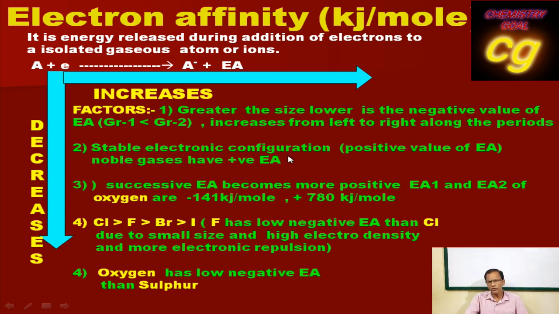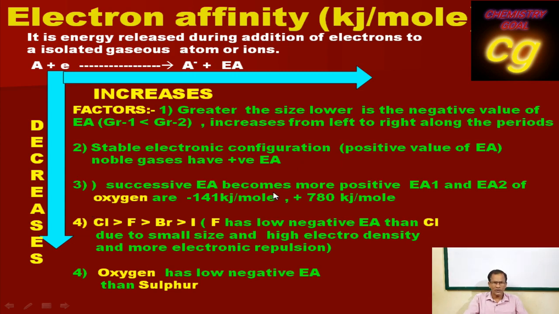For stable electron configuration, the electron affinity is positive because some extra energy is needed to add the electron, so the value will have a positive sign. All noble gases have a positive value of electron affinity due to stable electron configuration.